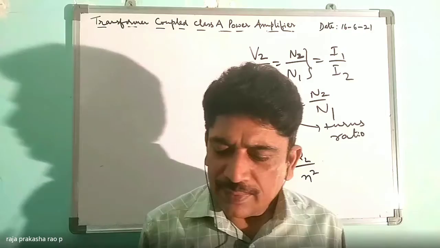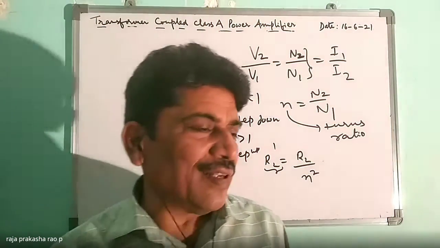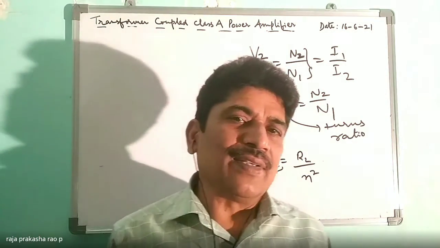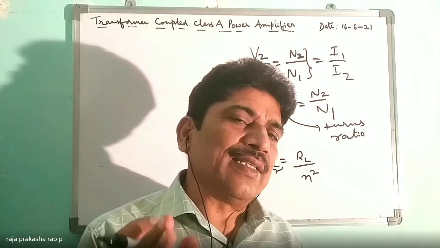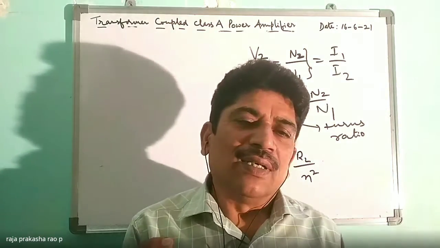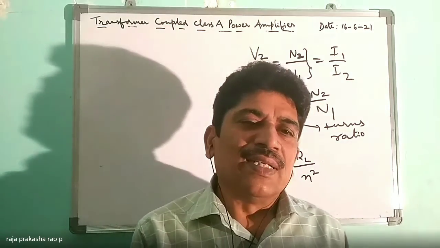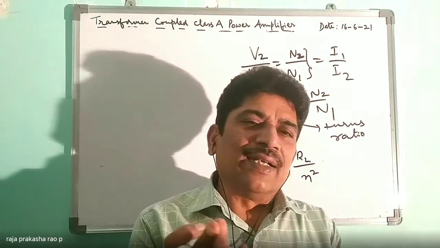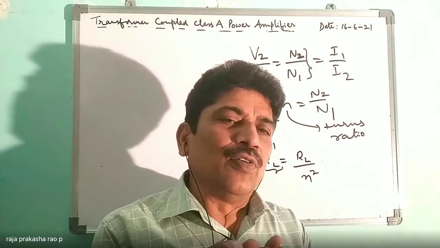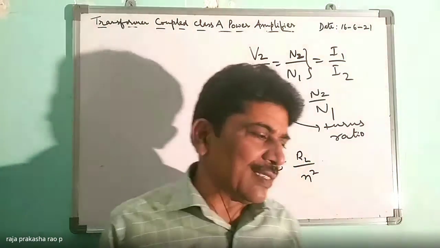RL dash is what? It is the reflection of secondary resistance, load resistance. If you connect any load across the secondary, V2 will be developed across that load resistance, is it not?